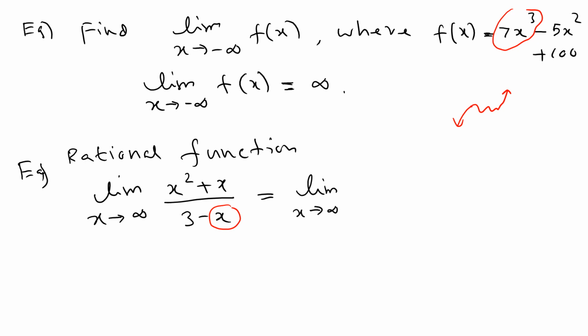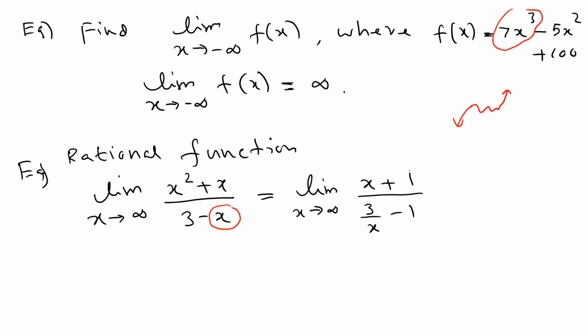Once you do that, you get 1 over x here, if you divide by x you get 1 here, and then 3 divided by x, and then minus 1. What we did was divide each term by the largest power of the denominator.